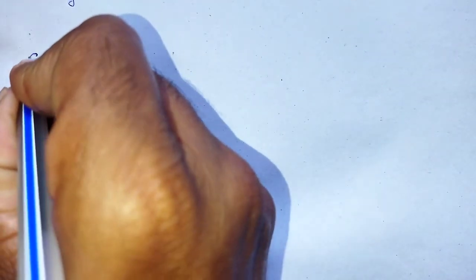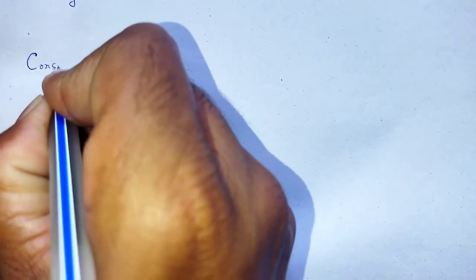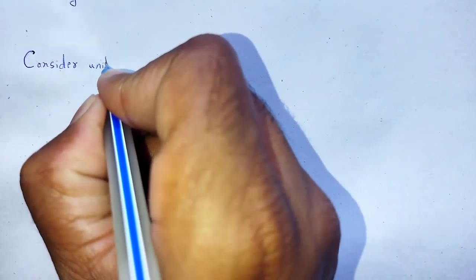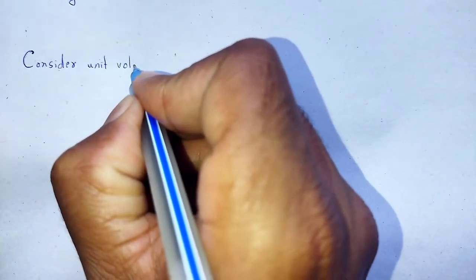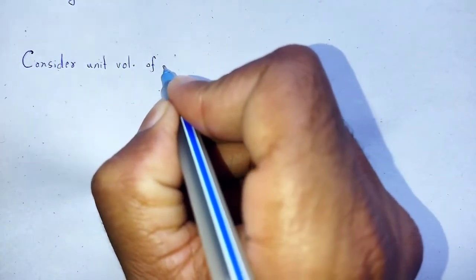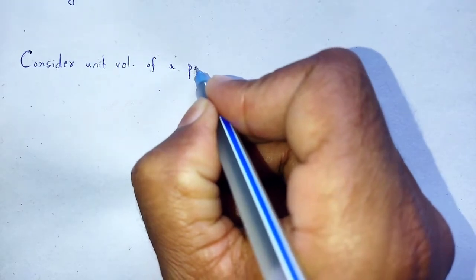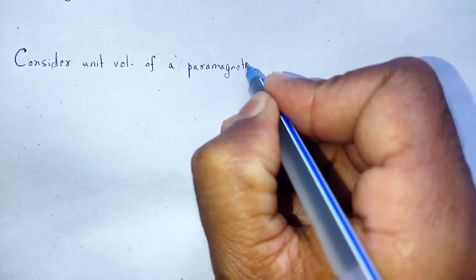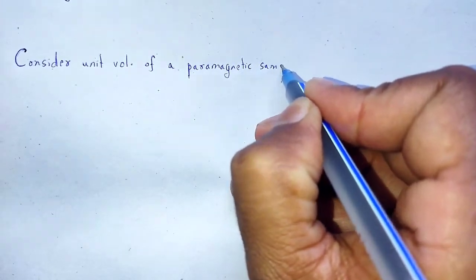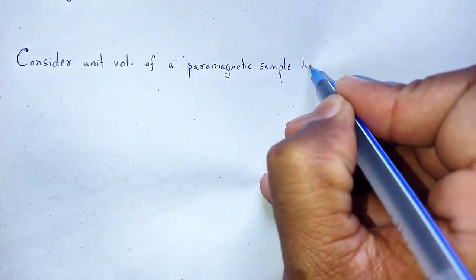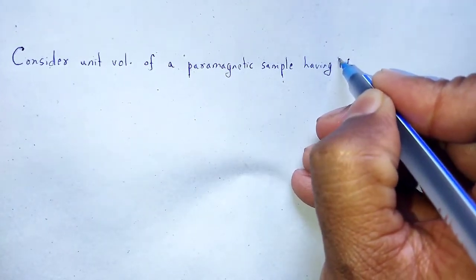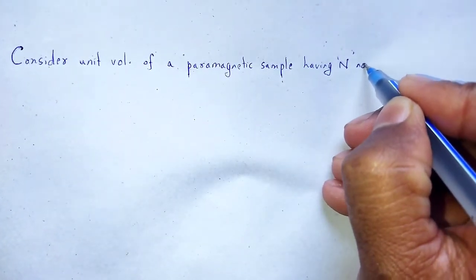Consider unit volume of a paramagnetic sample having n number of atoms.